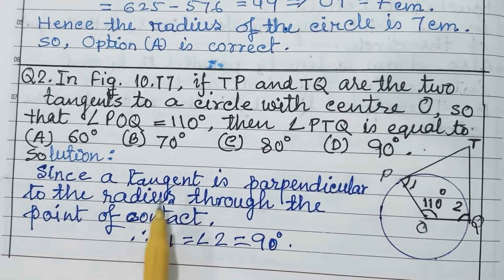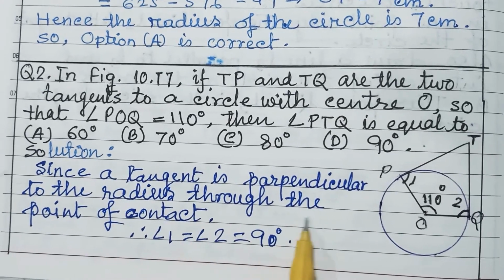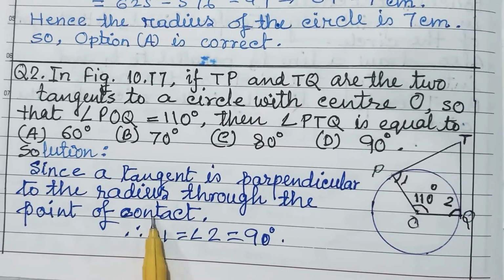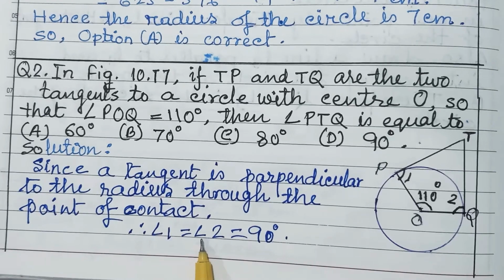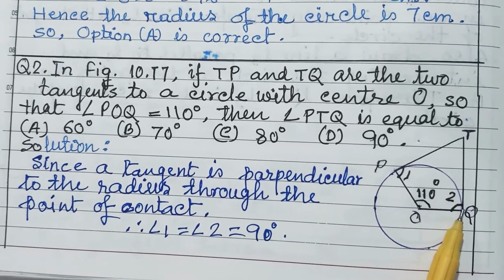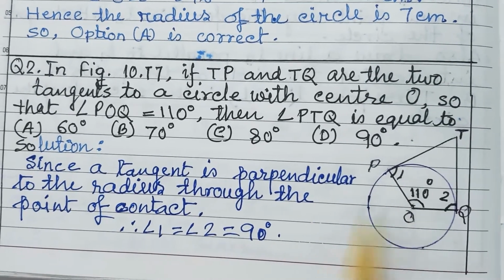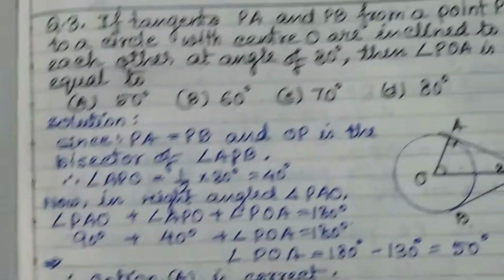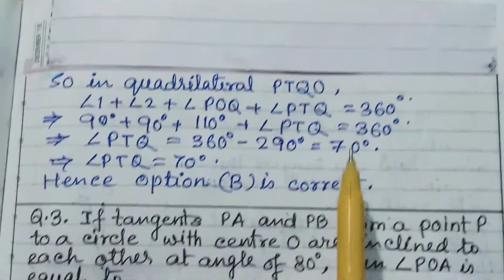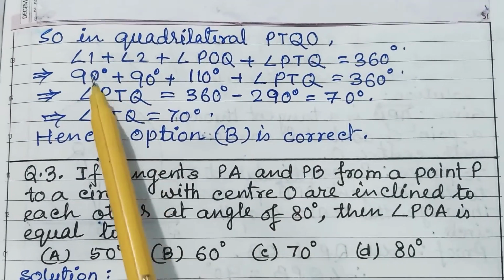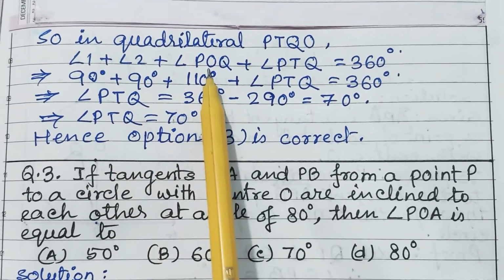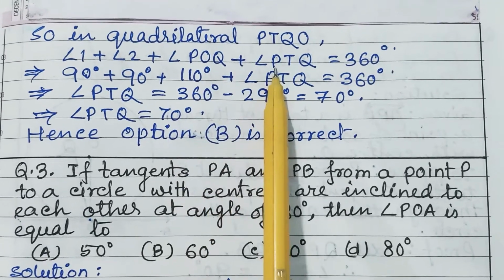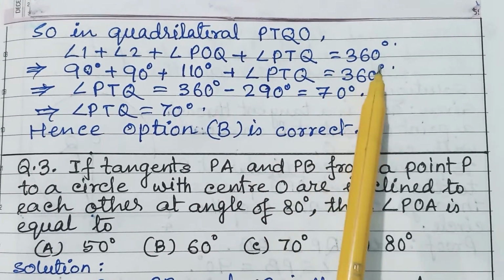Now since a tangent is perpendicular to the radius through the point of contact, it is the theorem, angle 1 is equal to angle 2, these two angles are 90 degree. Now in the quadrilateral PTQO, angle 1 plus angle 2 plus angle POQ plus angle PTQ is equal to 360 degree.